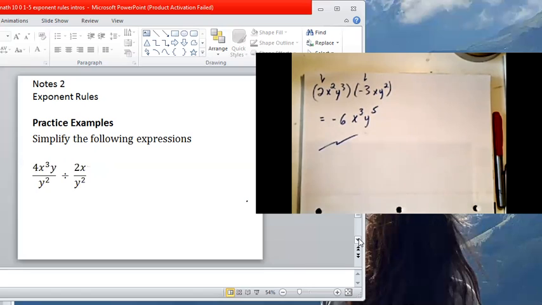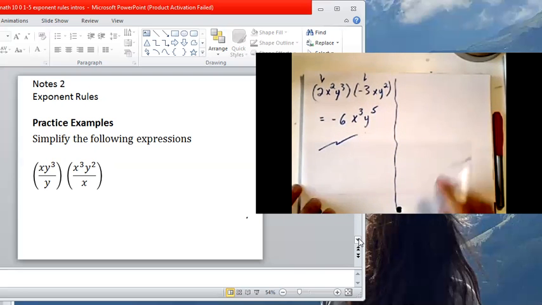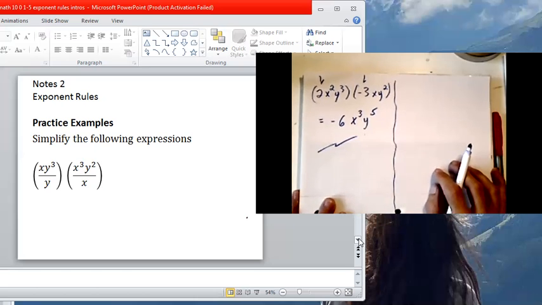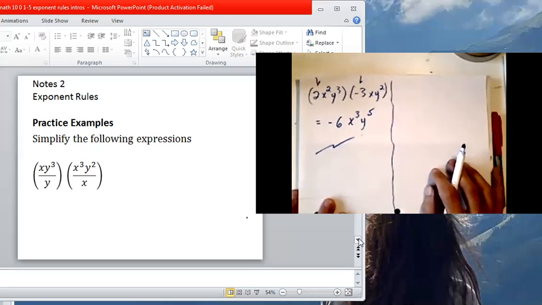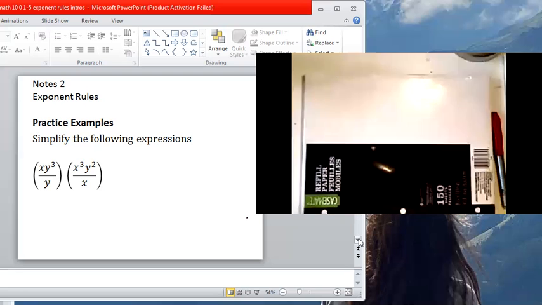Two to go. With this one, it's a good idea to simplify inside the brackets first. It'll make life nicer.